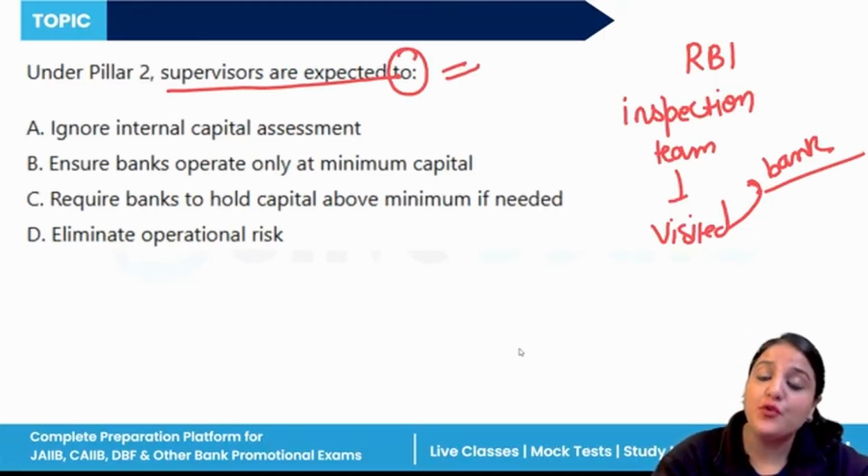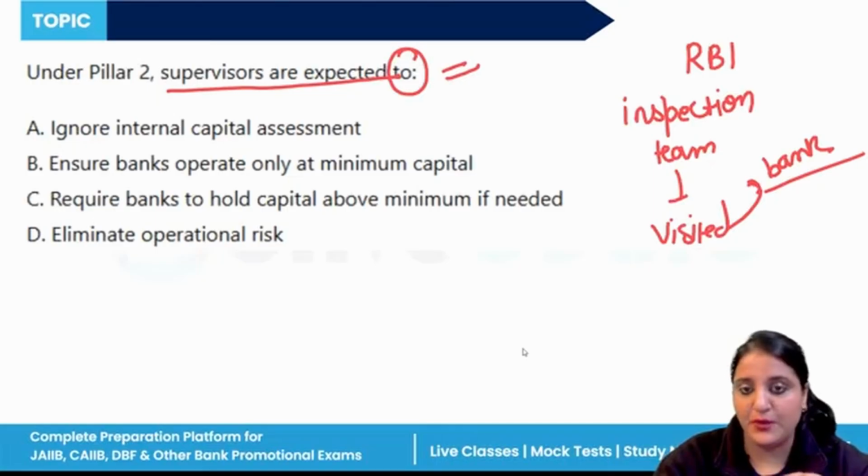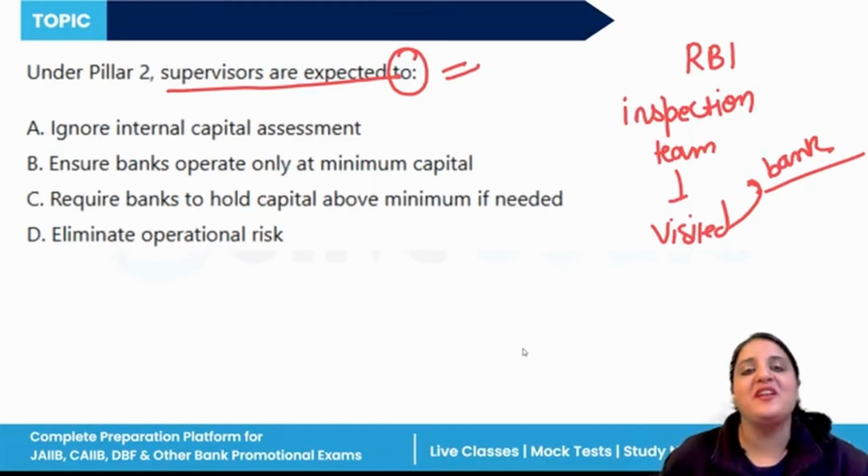But how do we know you understand your risk properly? They ask, do you assess your overall capital adequacy? Do you have a strategy to maintain the capital? Do you review your risk profile? Do you intervene early if capital fails? That is pillar 2 supervisory review process.